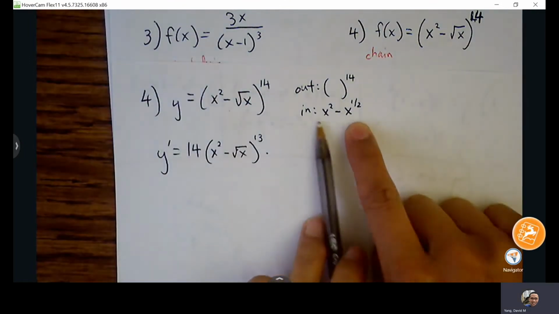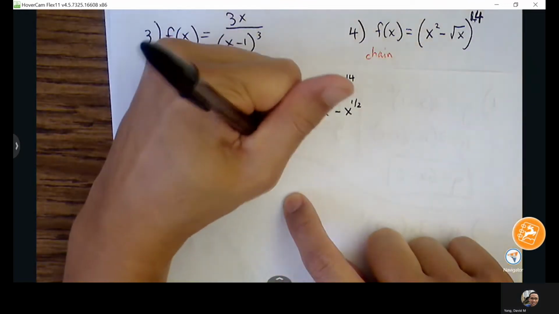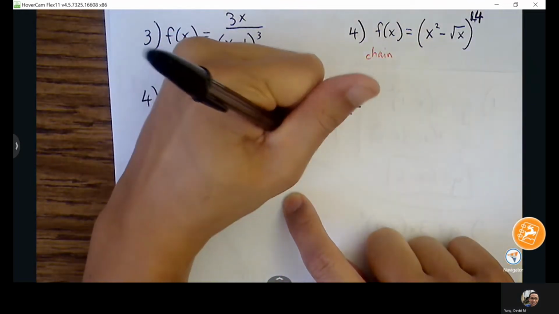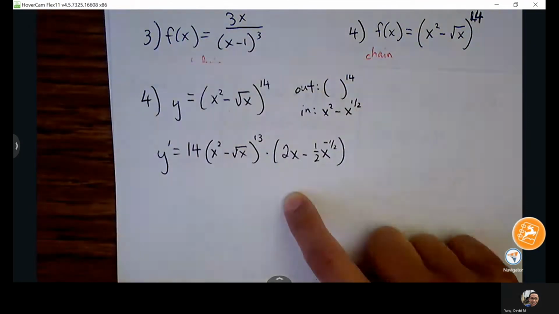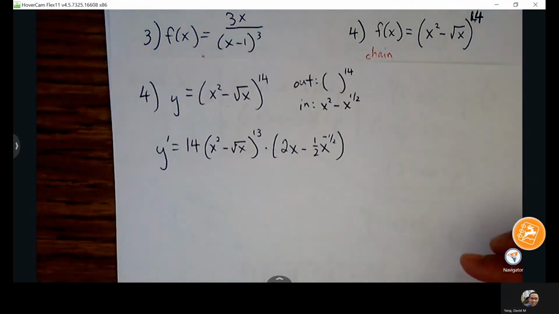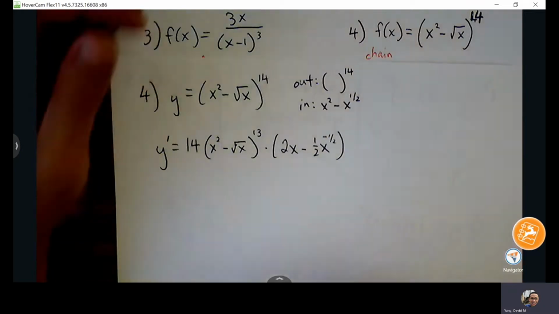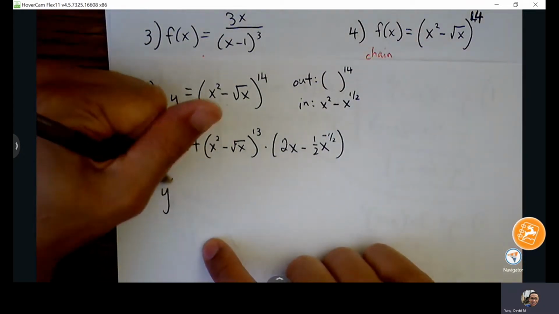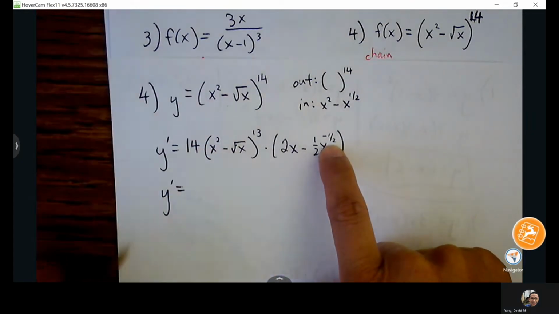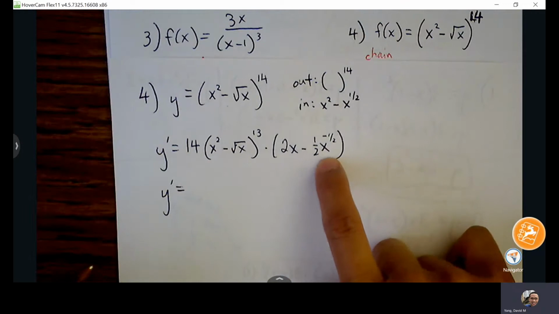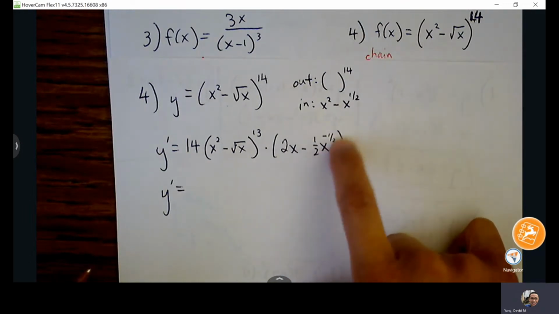Now we're ready for the inside portion. Power rule, power rule. So this is a little messier. The cleanup is probably not going to do too much. Maybe just get that negative exponent to resolve. But when we resolve the negative exponent, it's only going to be in this region here.